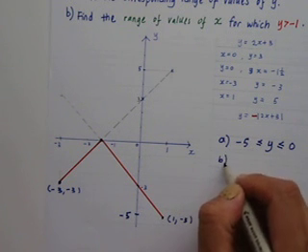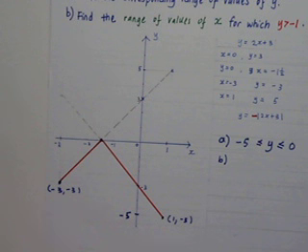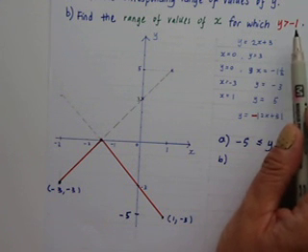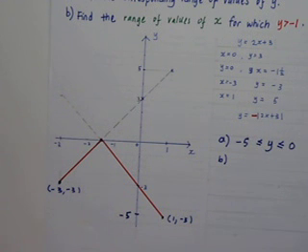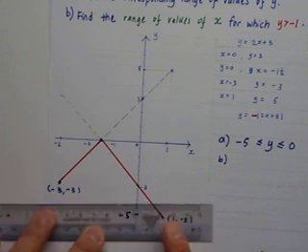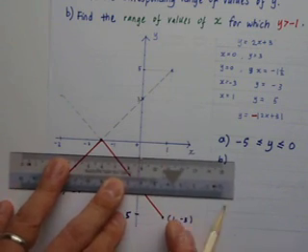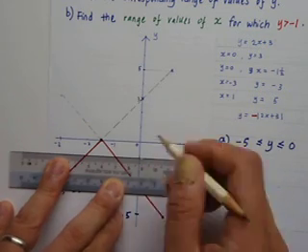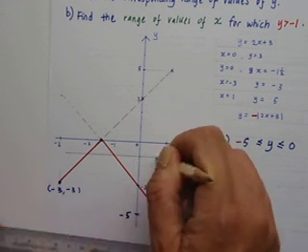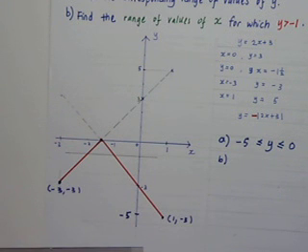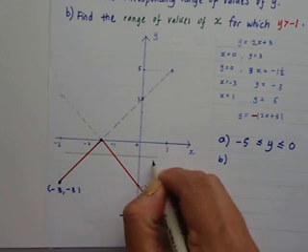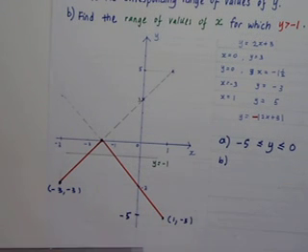Part B. Find the range of values of x for which y is more than negative 1. This is the line y equals negative 1. Which part of the graph is more than negative 1?